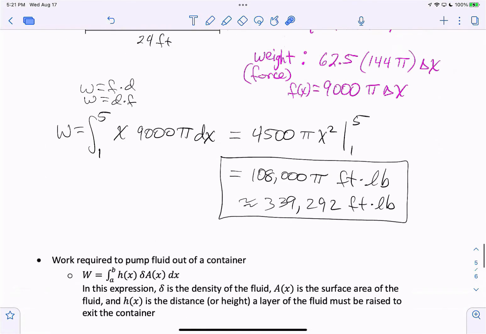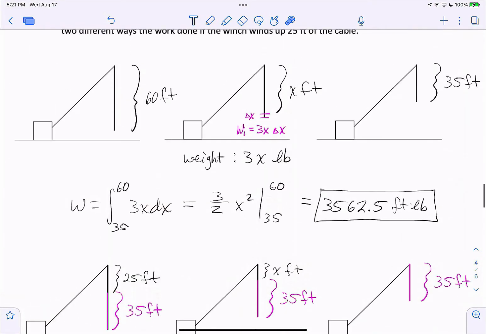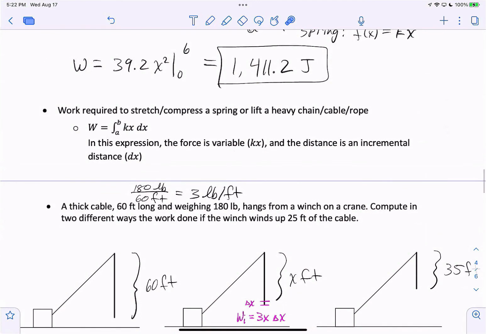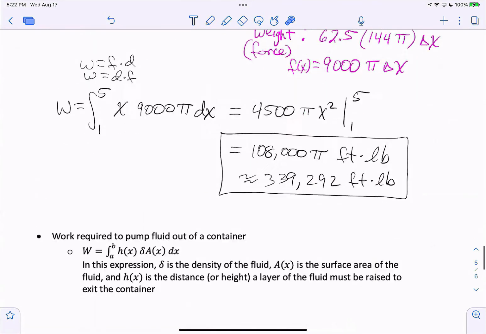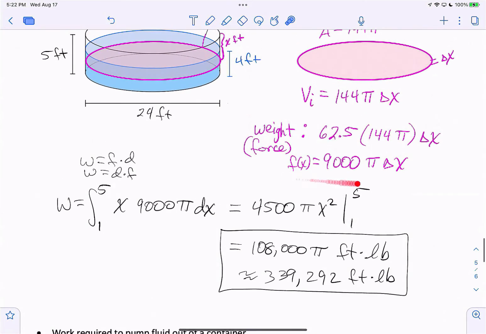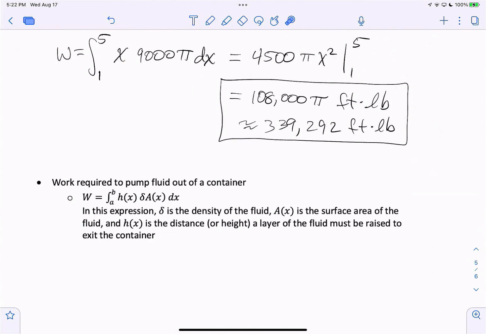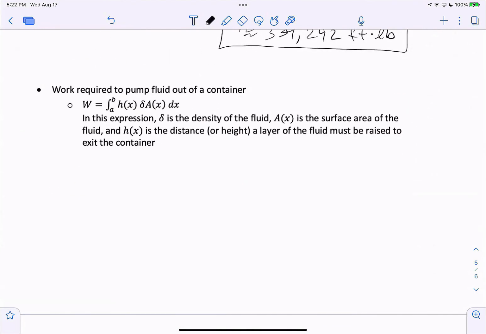And so if we look back to what we had been doing earlier, we said that to compress a spring or to lift a cable, we had a variable force, kx, and then we had an incremental distance dx. And the force was changing, that's a variable force. In this case, we have a constant force, and it's the distance that's varying, and that's why we need an integral. We could have a slightly more exotic situation.